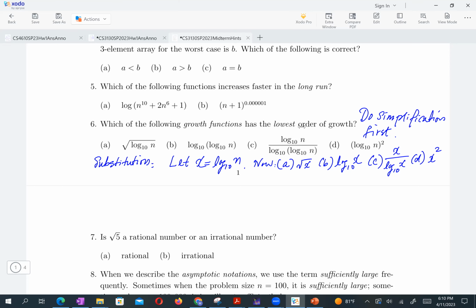Now you do the order of growth as you did before, as you did in our homework assignment number 1. So use this hint this way, with the x variable. Good. Next question.